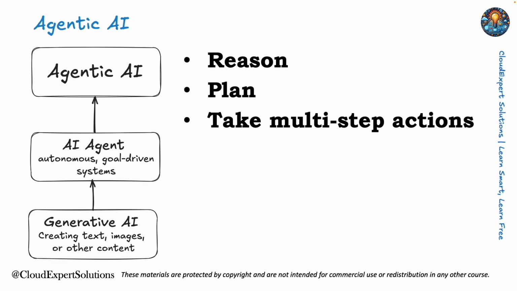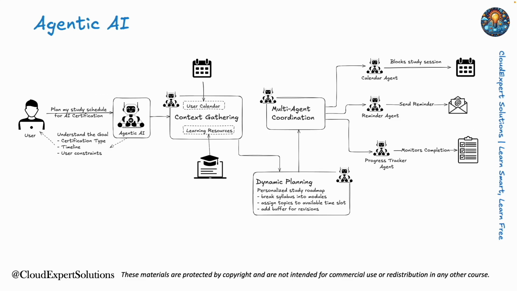As an example, imagine you are asking an agentic AI, "plan my study schedule for an AI certification." It won't just generate a schedule like generative AI or add events to your calendar like an AI agent. It will research resources, create a learning plan, track your progress, and then adjust as you improve.